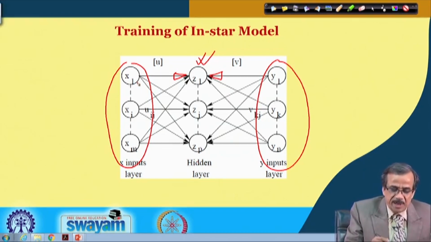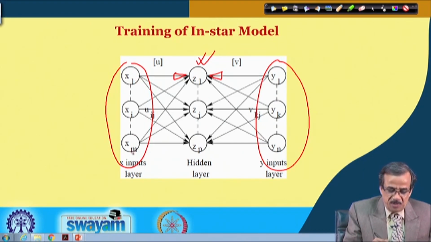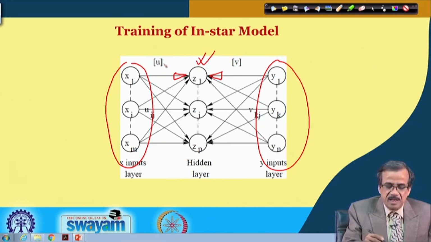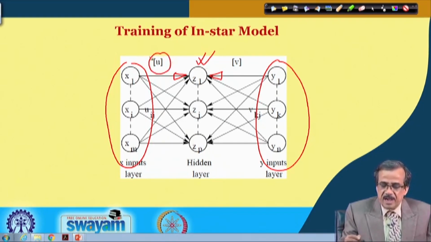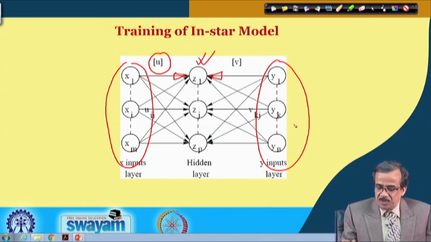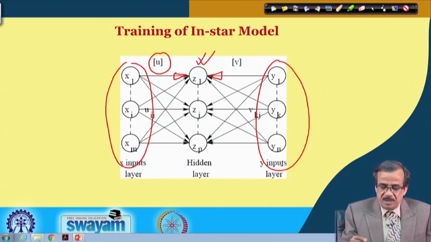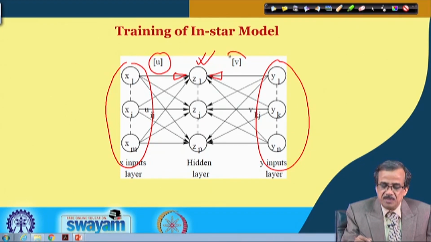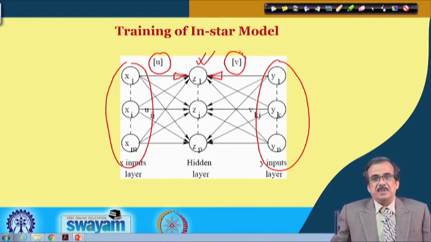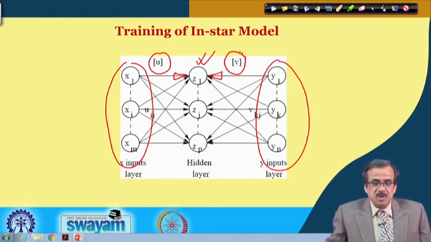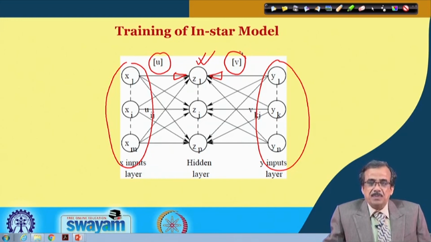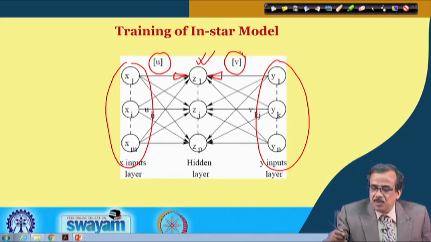Now, the connecting weights between your x input layer and the hidden layer is nothing but u, and the connecting weight between your y input layer and the hidden layer is nothing but v, and this is actually the construction of this INSTAR model.